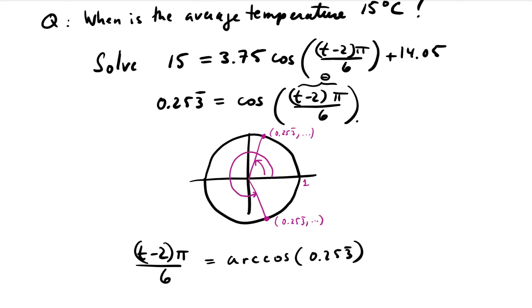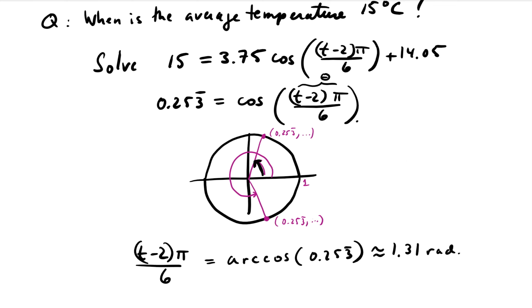Let's calculate this. So you get roughly 1.31 radians. So I'm in radians here, clearly getting this angle here. 1 radian is 57 degrees, so it's a little bit more than 57 degrees.